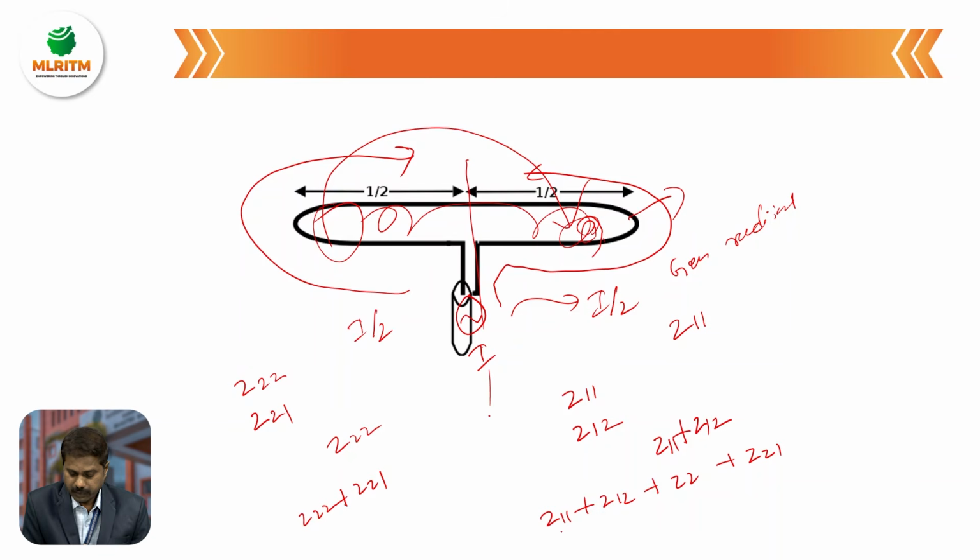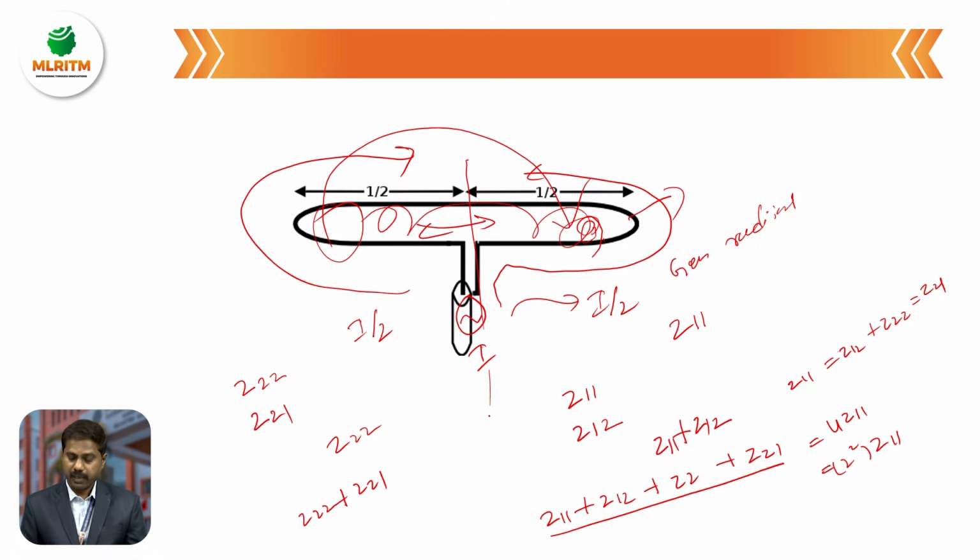Due to the small distance between these two dipoles, the impedances are almost all the same, that is Z11 equal to Z12 equal to Z22 equal to Z21. That means 4 into Z11, that is 2 squared Z11, where 2 is the number of dipoles.